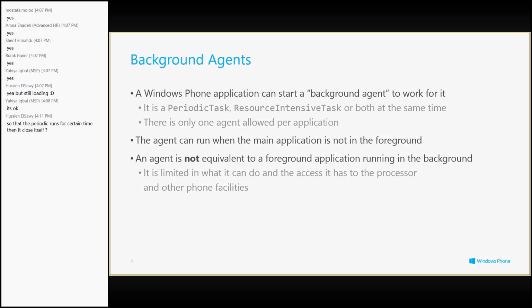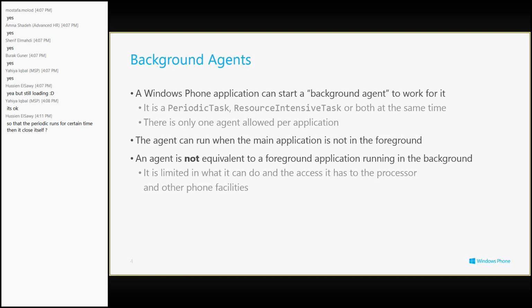We're going to talk about each one in a minute, but let me first give the definition of the periodic and the resource intensive, and then I'll tell you about the features and limitations of each task. Again, the resource intensive task means it consumes a lot of the resources of your phone.